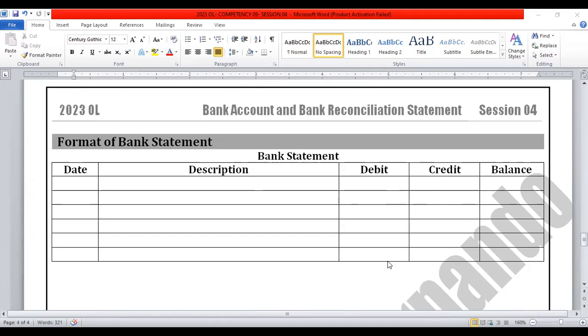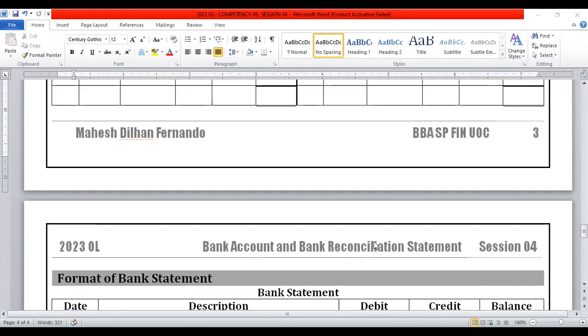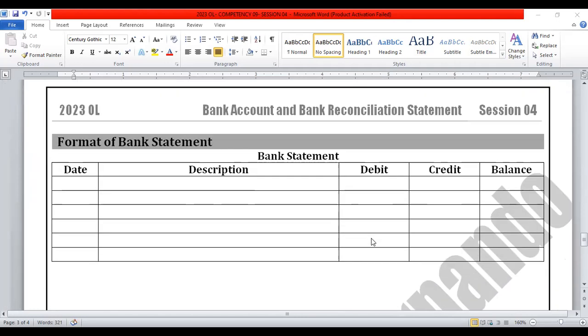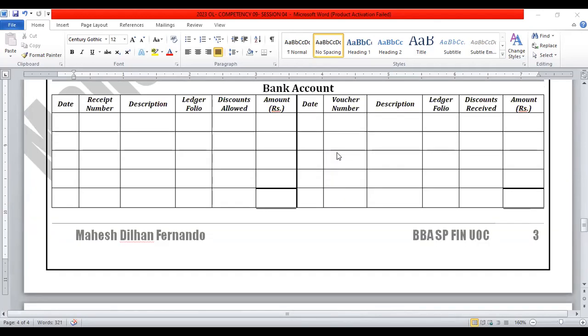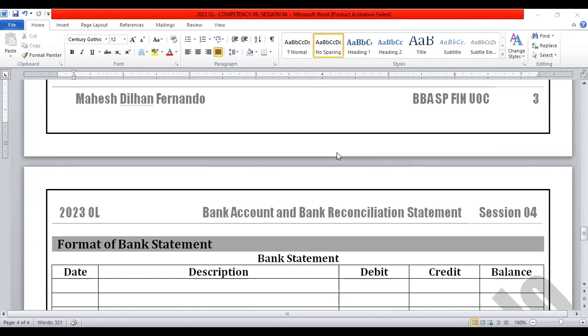So I think it is clear to everyone in the class what a bank account and a bank statement are. Next week I'm concentrating on how to prepare the bank account and bank statement using the provided information. Later, I'm explaining how to compare these 2 statements with each other.